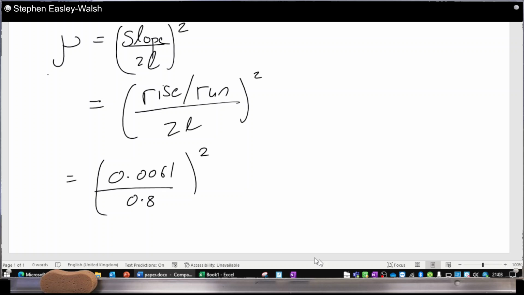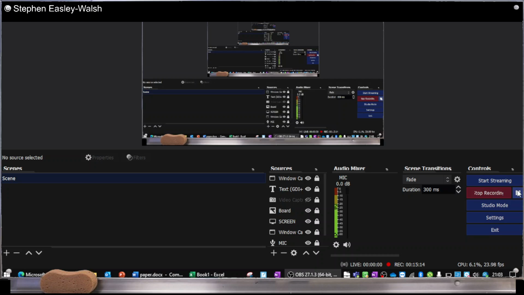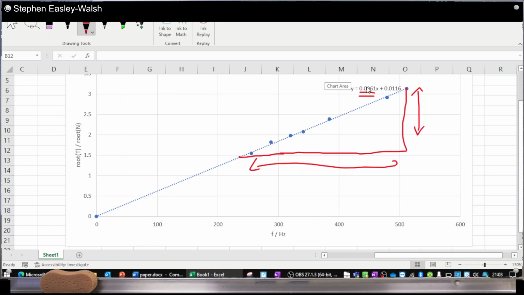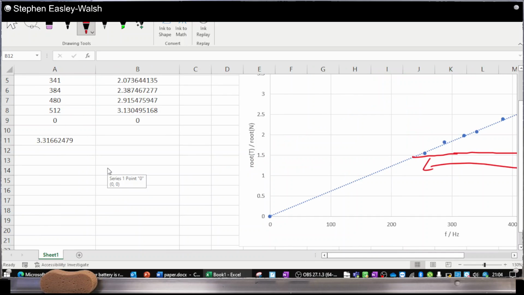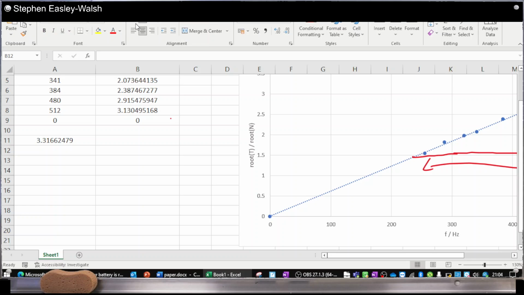So let's just check the calculation. Now actually I just realized in my graph this Excel calculation is wrong because I cheated a little bit because I had to put in the 0, 0. So I wonder now if I just delete that 0, 0, would it affect it much? Let's see.